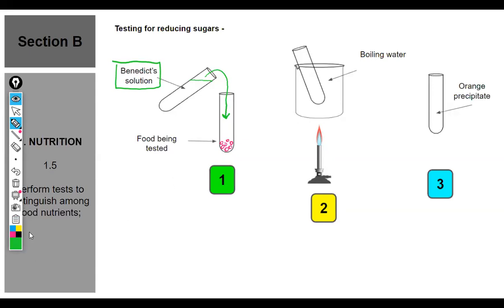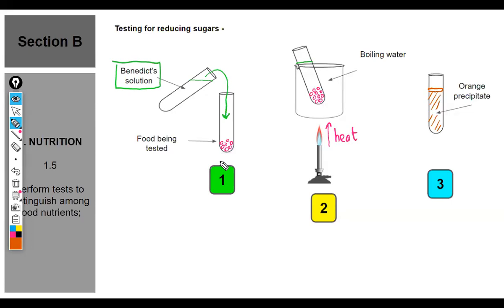After you add it to the food being tested, you have to take that mixture now, the Benedict's solution and the bits of food, and you have to heat it. This doesn't work unless you heat it. And after you heat it, if the contents in the test tube turn orange, well then the food contains reducing sugars.